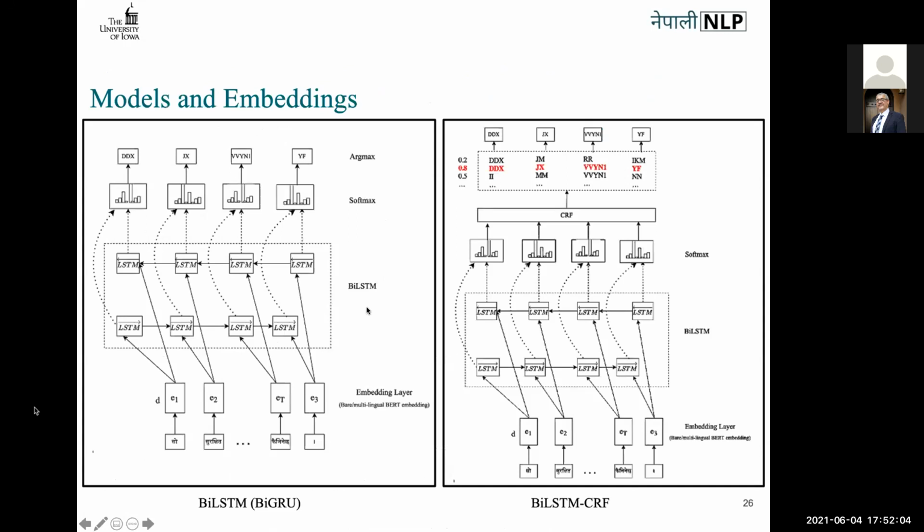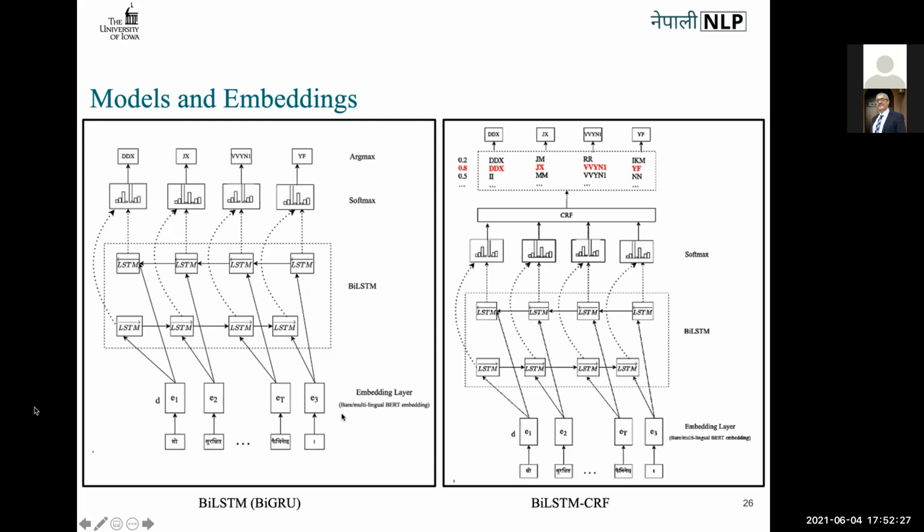So moving on to the model, we implemented the pretty standard sequence models, BiLSTM, BiGRU, and BiLSTM-CRF. In this figure, we can just replace this BiLSTM with BiGRU. They are both variants of the RNN. First of all, we're given these tokens, and these tokens are fed to the embedding layer.